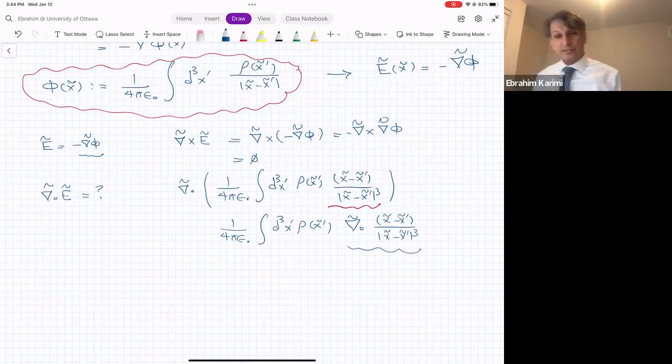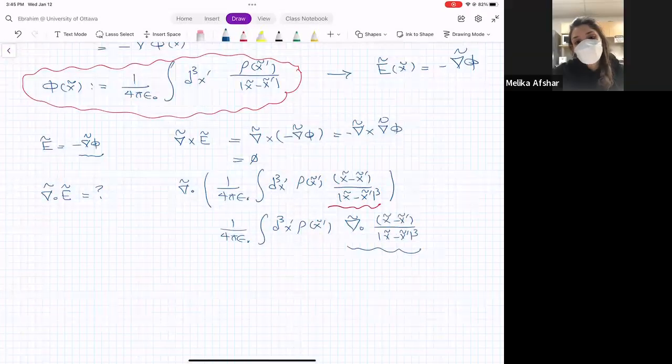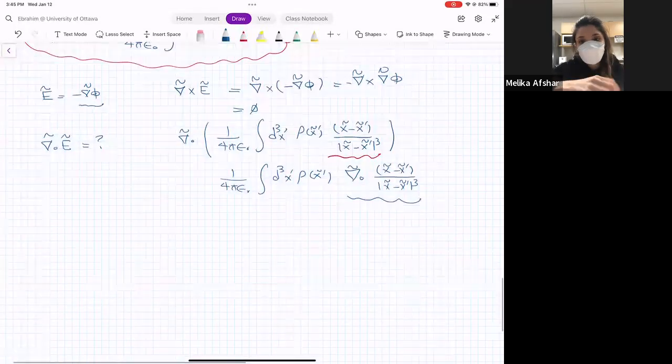What's the value of this? So, do we need to calculate it, like take the gradient?